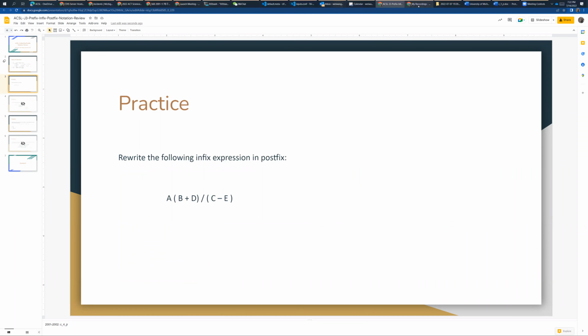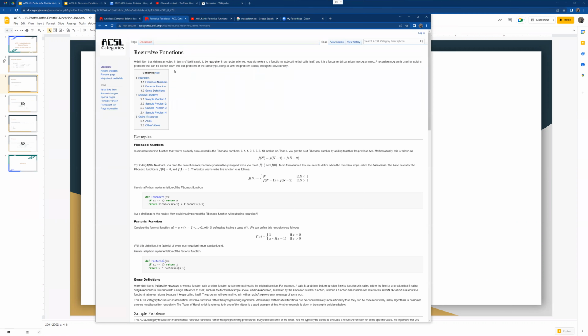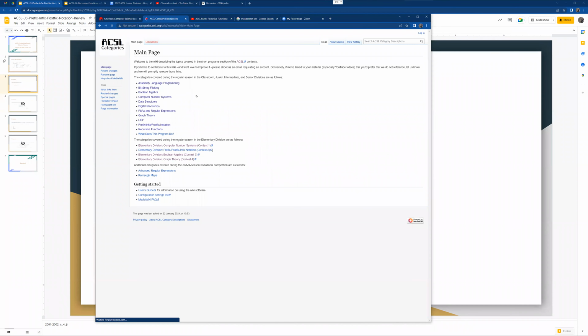What I want to show you is the wiki, right? In their wiki site, they have some of these problems in there.